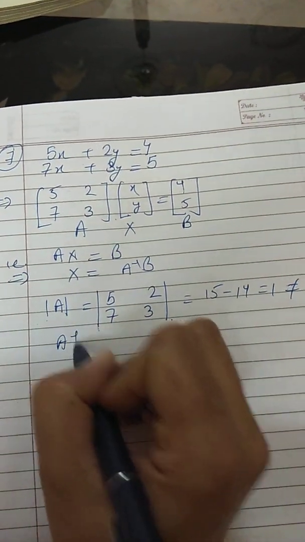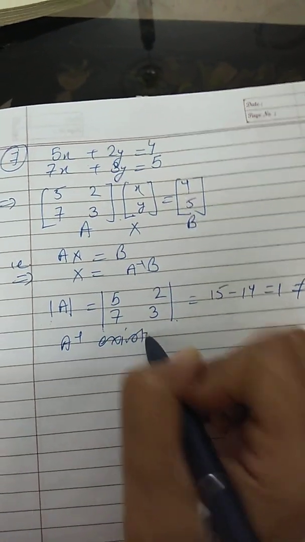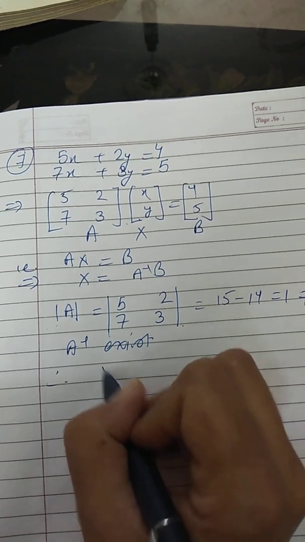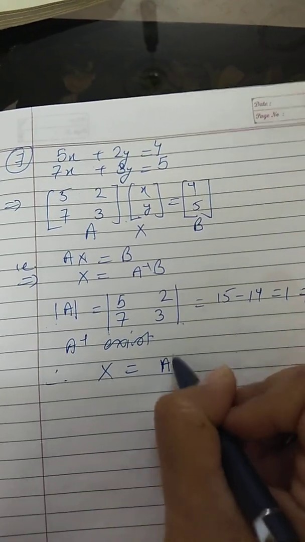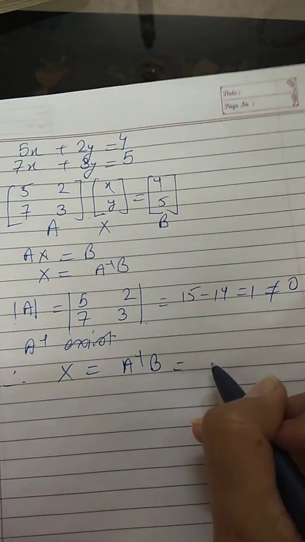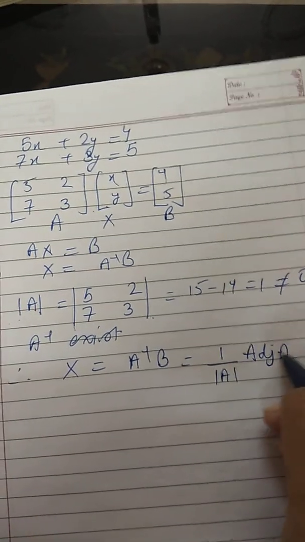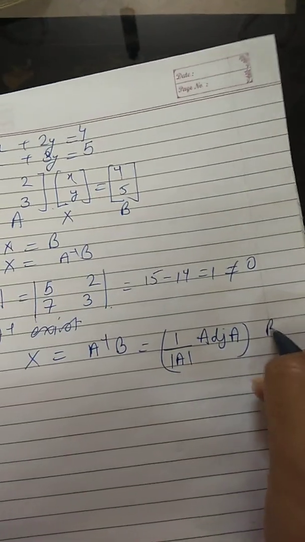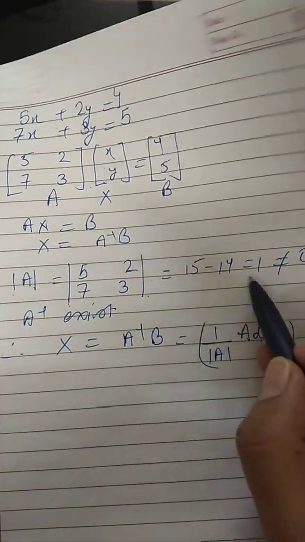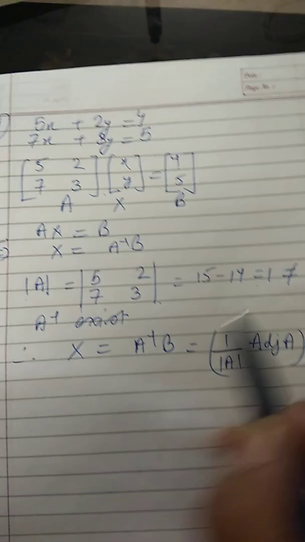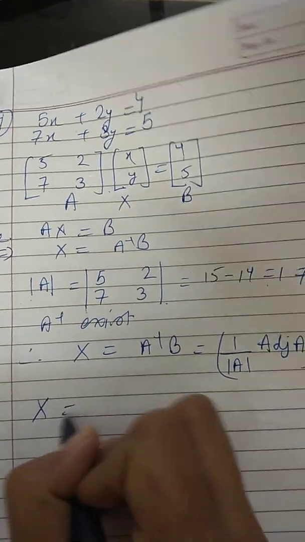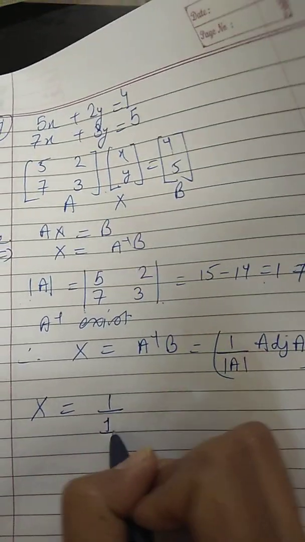So A inverse exists, right? Therefore, X is equal to A inverse B, which equals 1 upon A determinant into adjoint of A and B. A determinant value is already calculated, it is coming 1, right? So X is equal to 1 upon 1 only.